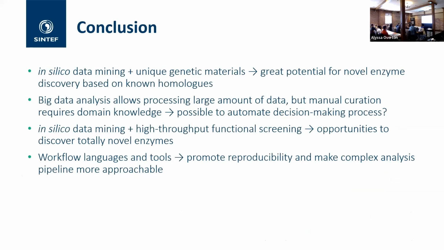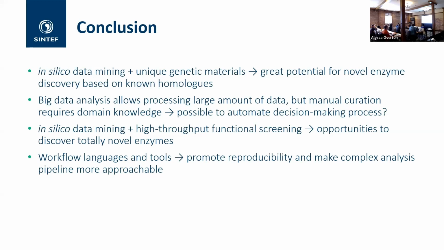So to conclude, we found that in silico data mining in combination with unique genetic material has great potential to find novel enzymes. We saw that big data analysis processes a lot and gives you a large amount of data. But of course, the manual curation is always the bottleneck of the process.